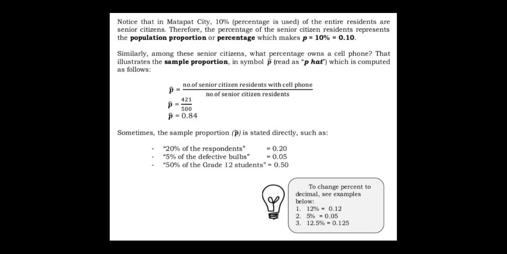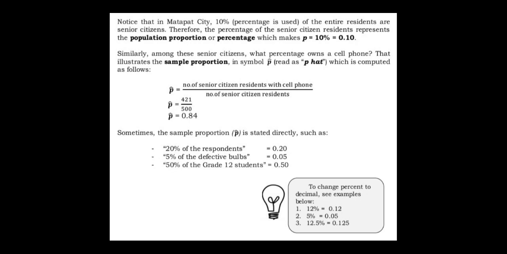So substituting, p-hat is equal to 421 over 500, and that equals 0.84.